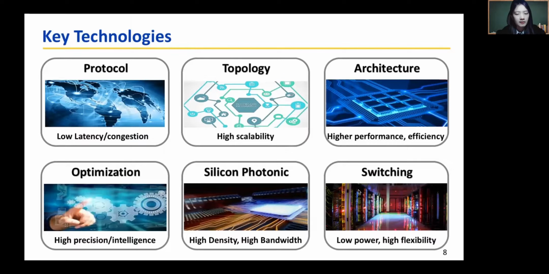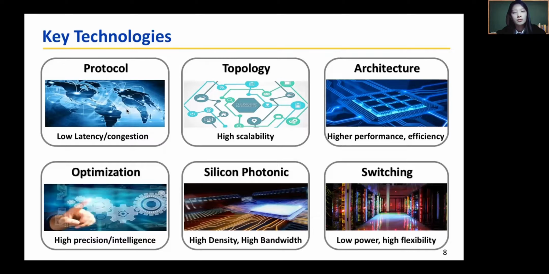Our laboratory studies how to improve the performance of the HPC network from the following aspects. First, the communication protocol. Communication between the nodes in an HPC network is necessary and important. They need to have a certain protocol, or we can see it as an agreement, to ensure the accuracy or the correctness of the communication.